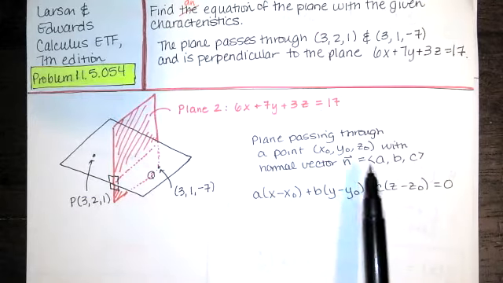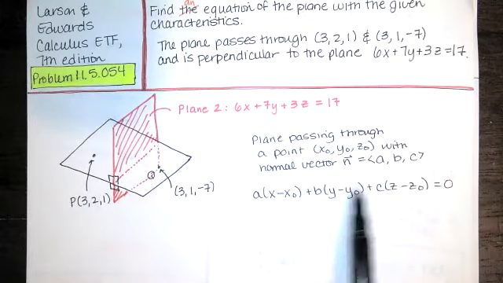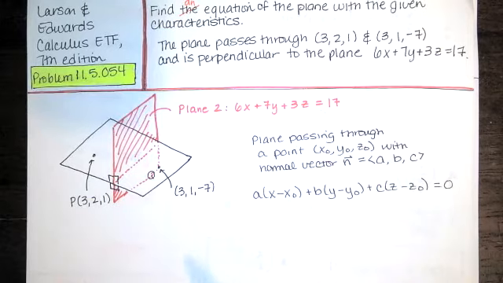So that's what we need. We need both a point in the plane and a normal vector to the plane.